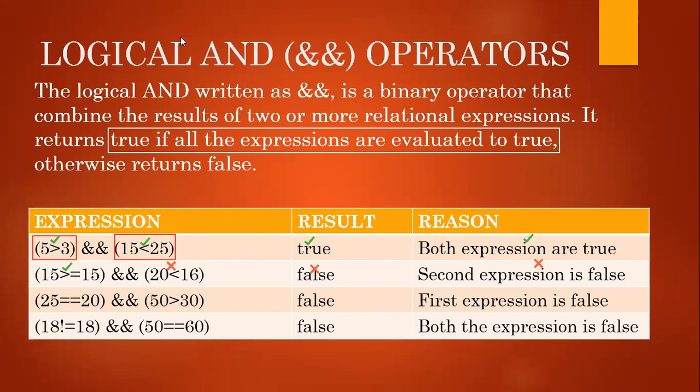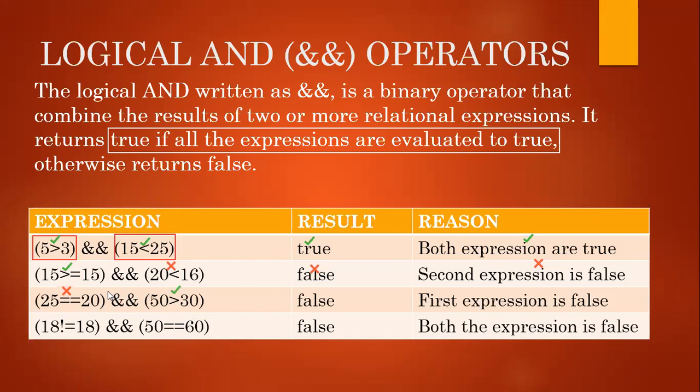Now let's talk about the third one. 25 is equal to 20. Is it true or false? No, 25 is equal to 25, it is not equal to 20, so this is false. But what about the second condition? You will find 50 is greater than 30. Yes. So one is false and the other is true.